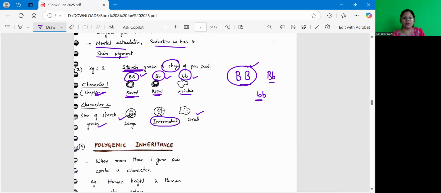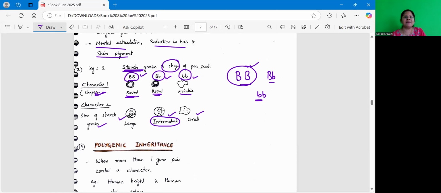So can you tell me what kind of concept we see here? It is not law of dominance. Is it an exception of law of dominance? Is it codominance or something else? Which concept are we seeing here? Large, intermediate, and small. Suddenly an intermediate thing is coming out. Blending is seen here, isn't it?